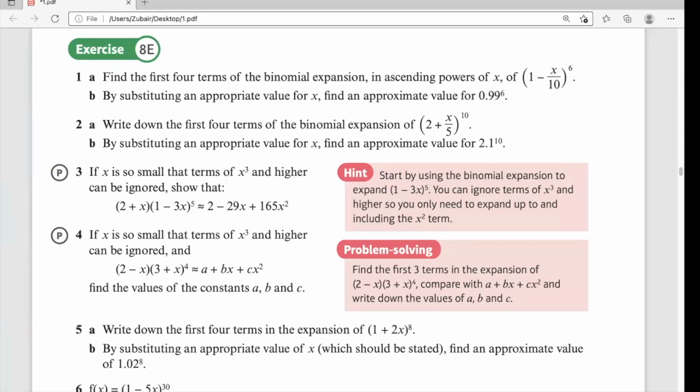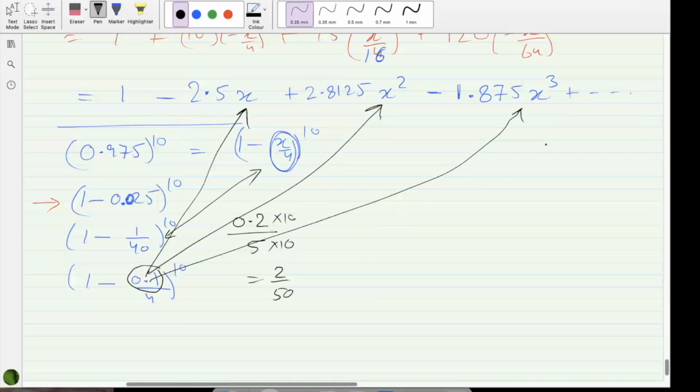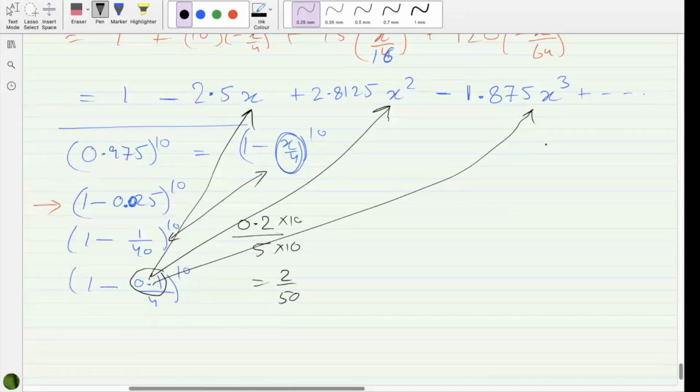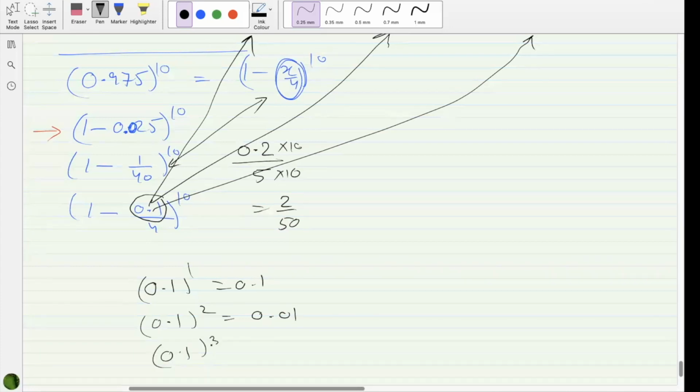And one more thing, when you practice this question, you'll see as the power increases, the term actually becomes negligible. Why so? If you have 0.1 power 1, it is 0.1. When it is 0.1 power 2, it is 0.01. So it keeps on reducing the decimal number. So for higher powers, the value is almost negligible.